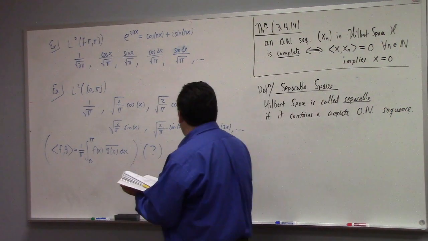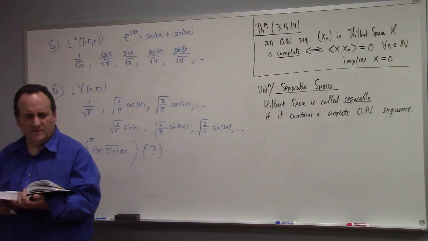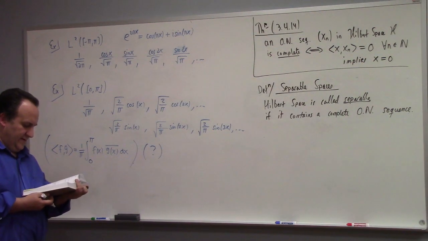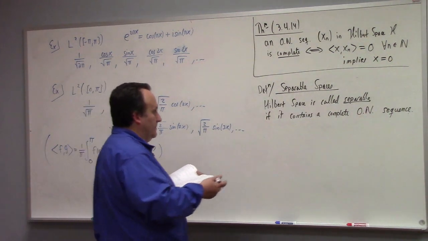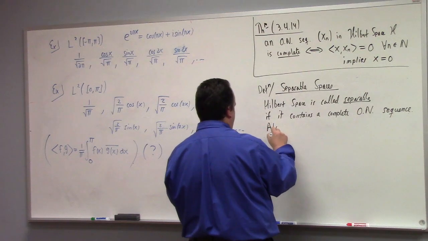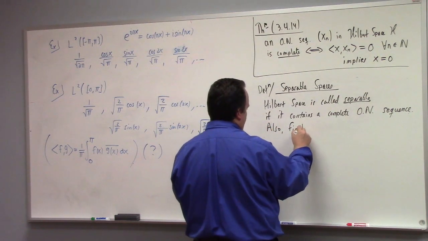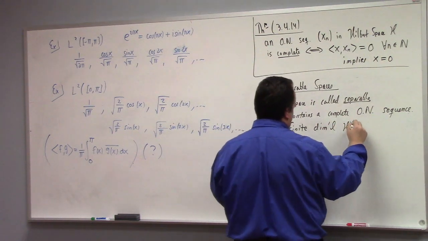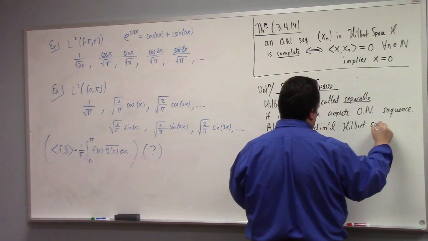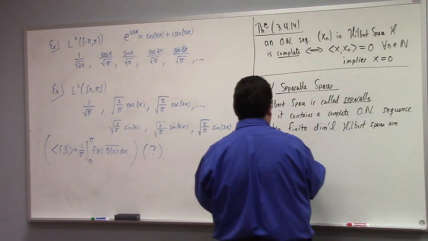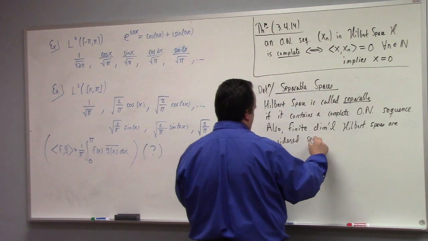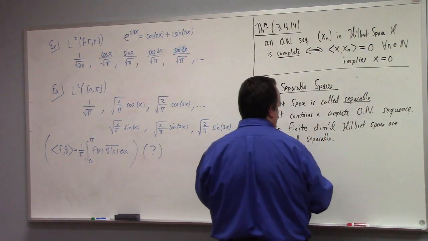So to say a Hilbert space is separable is just to say it has an orthonormal basis, is that right? He says finite dimensional Hilbert spaces are considered separable as well. Right.